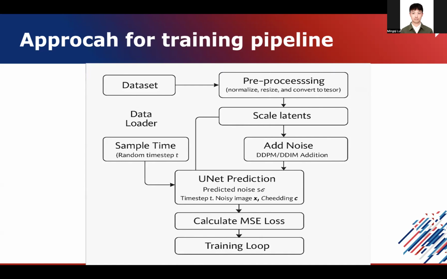The resulting noisy latents, together with the timestep t and possibly a conditioning vector c if CFG is enabled, are fed into the UNet model. The UNet is trained to predict the added noise. We then calculate the loss, and the loss is used to update the model weights inside the training loop through backpropagation.